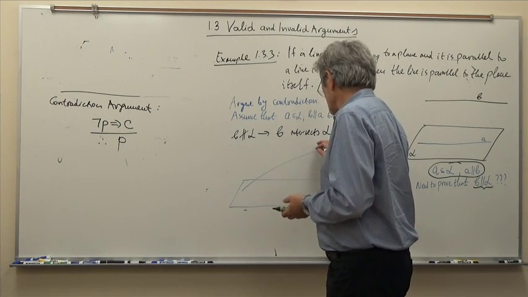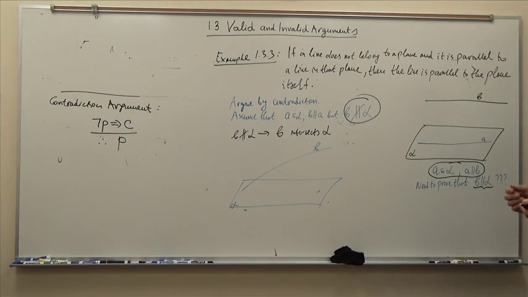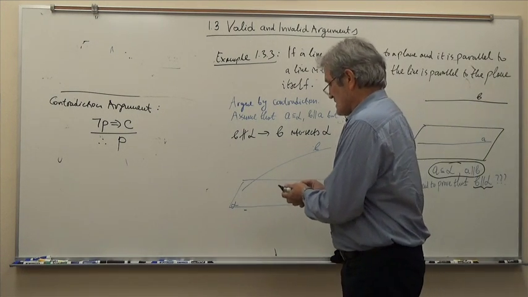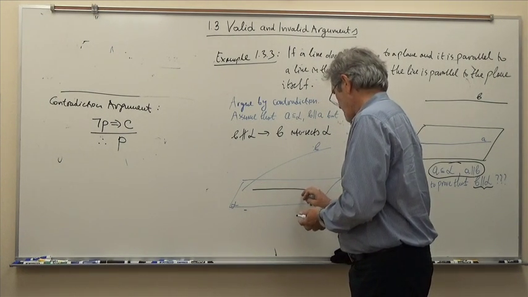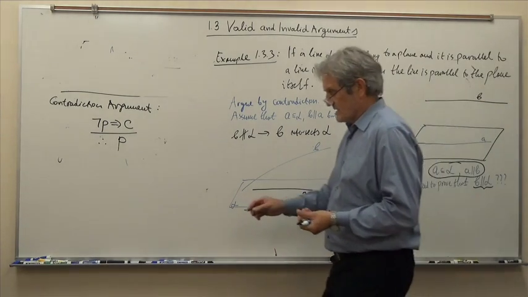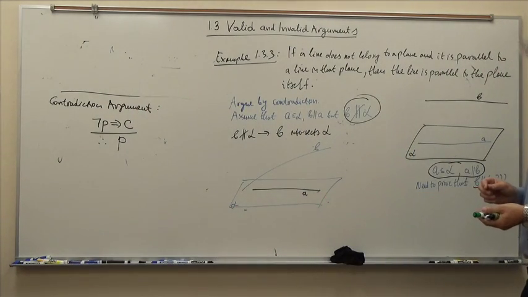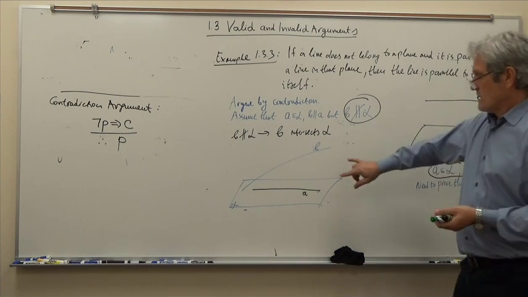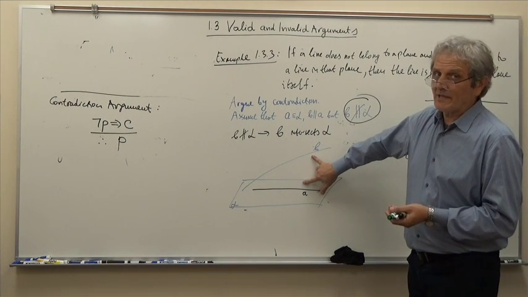So B is somewhere here, so B is hitting alpha somewhere. Okay. But then what do we do? Here is that A that was already there. Then there is one theorem from geometry that says that two parallel lines determine a plane.